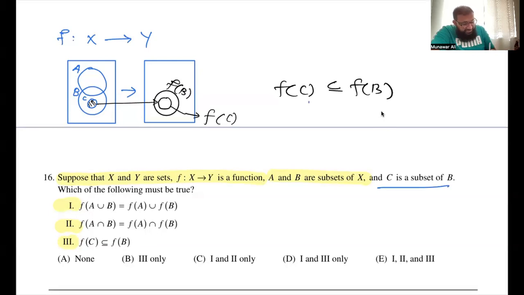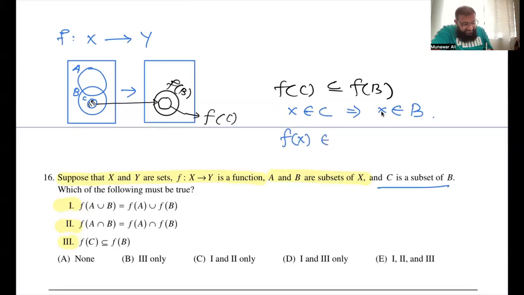How can you show this? I'm taking one element x from C. Obviously, that element belongs to B because C is contained inside B. Now I operate a function on x.